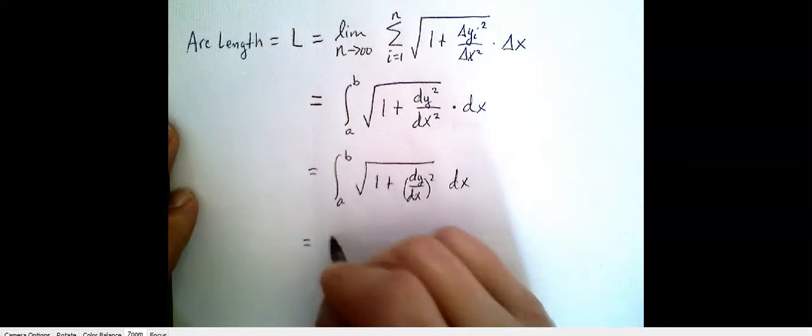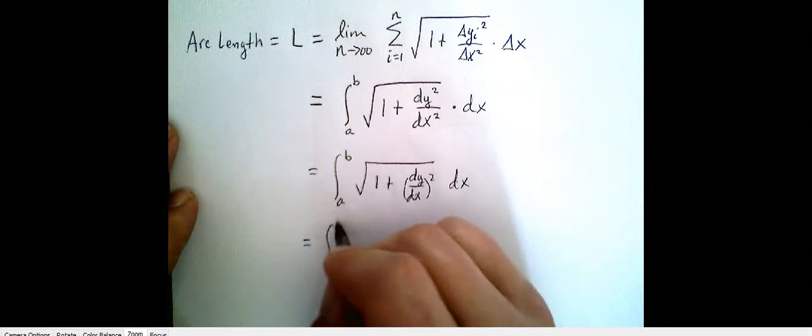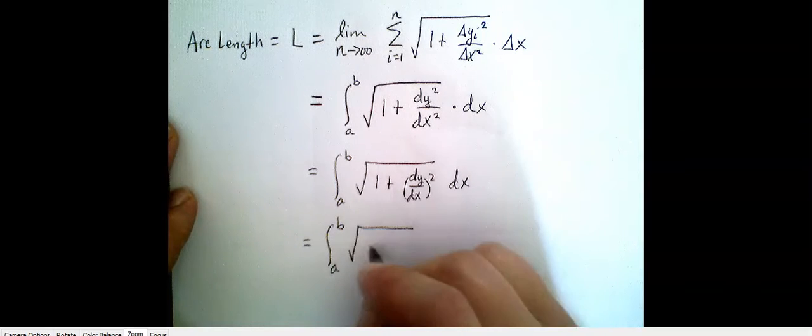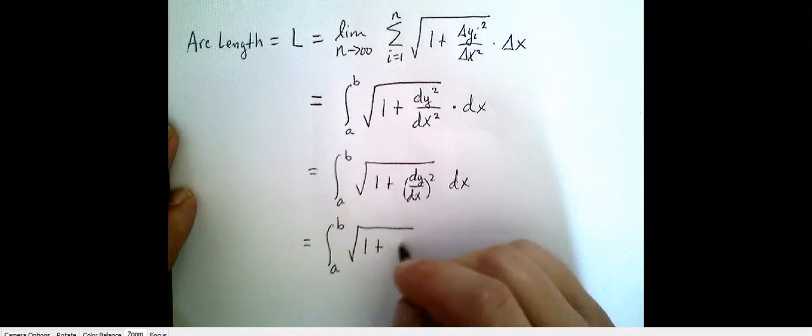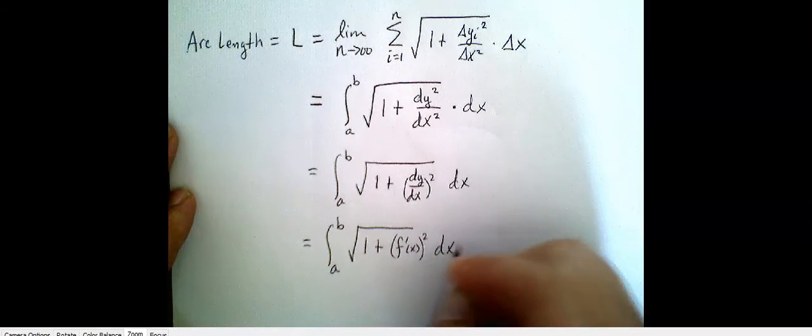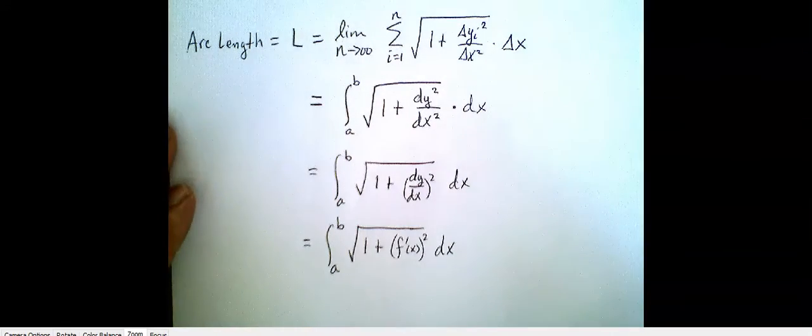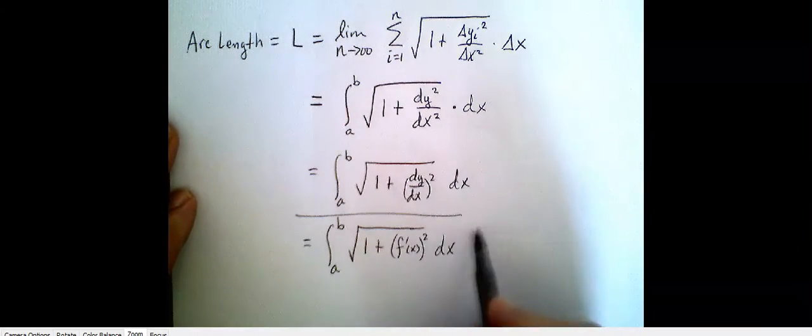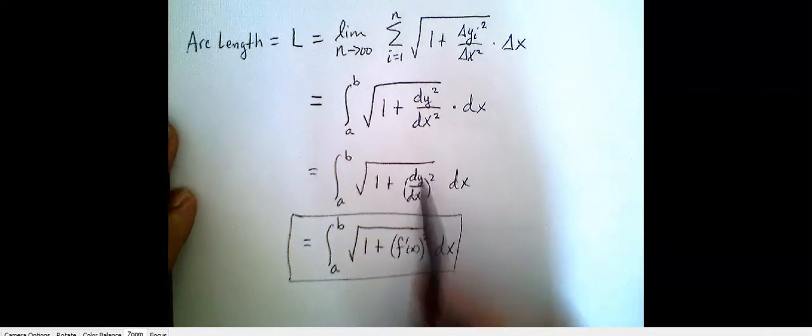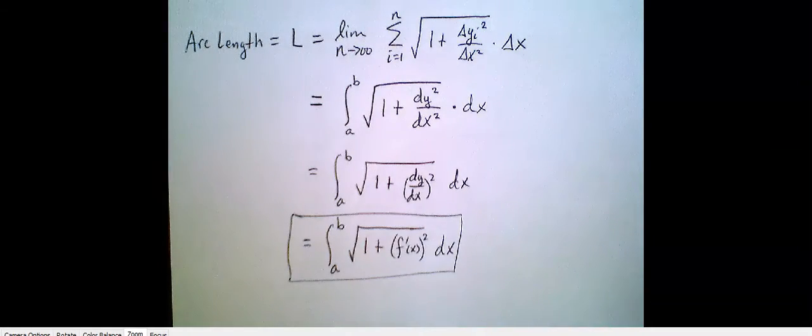So the integral from a to b of the square root of 1 plus f prime of x squared. Okay. So either of these two forms give us the formula for our arc length.